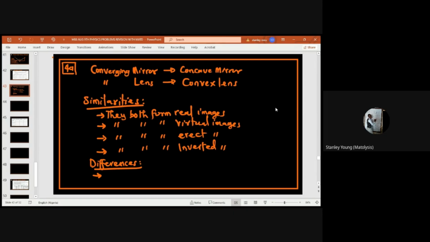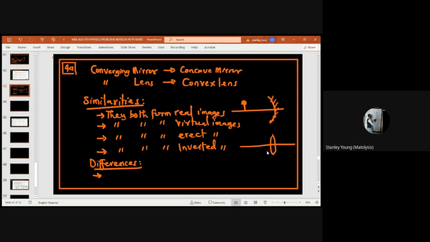For a concave mirror, realize that if an object is in front of the mirror, when the image is formed on the side of the object, the image is going to be real. If the image is eventually formed on the other side of the object, the image is going to be virtual. But when it comes to a lens, you see through a lens, unlike a mirror where you look into a mirror.